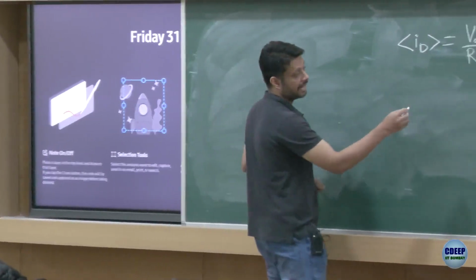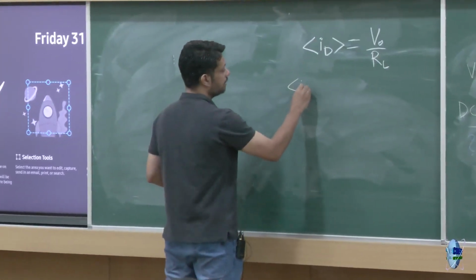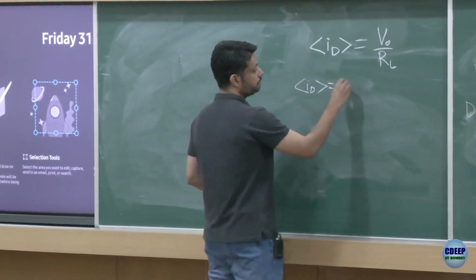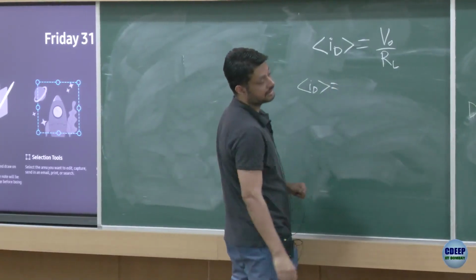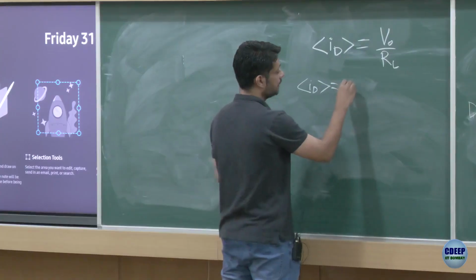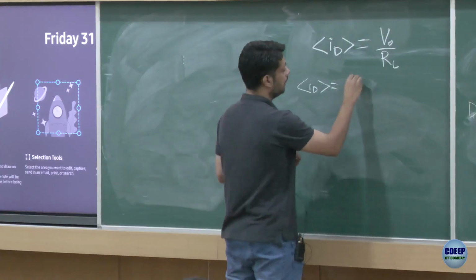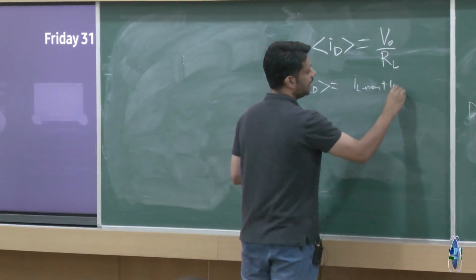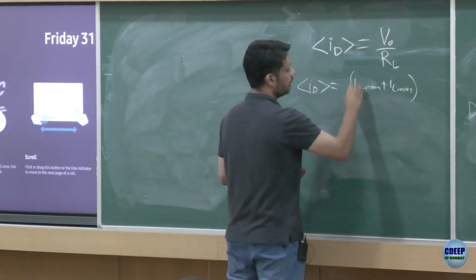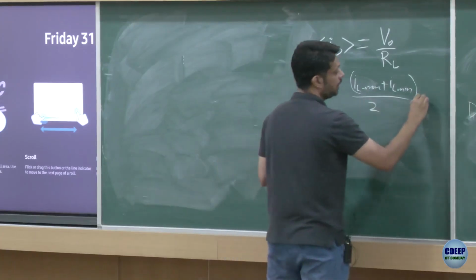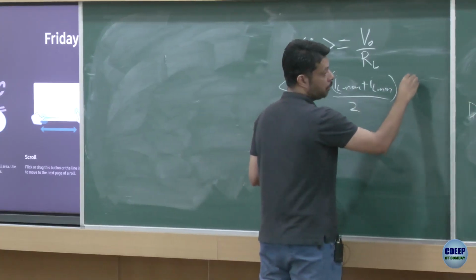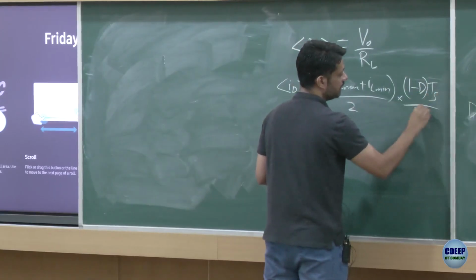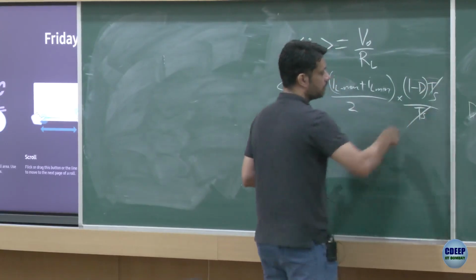And therefore, I can write the average diode current as (IL max plus IL min) divided by 2 into (1 minus d) times Ts by Ts, which will cancel out, right.